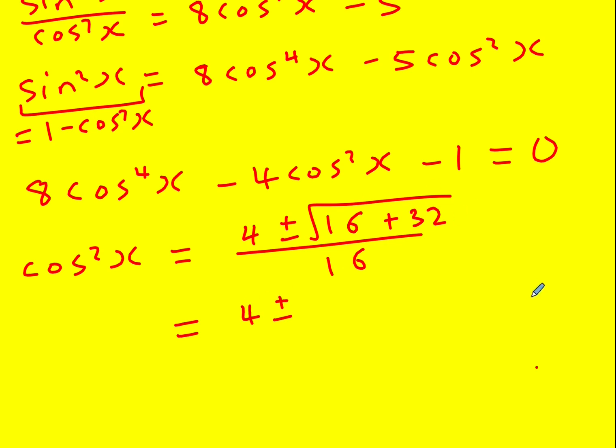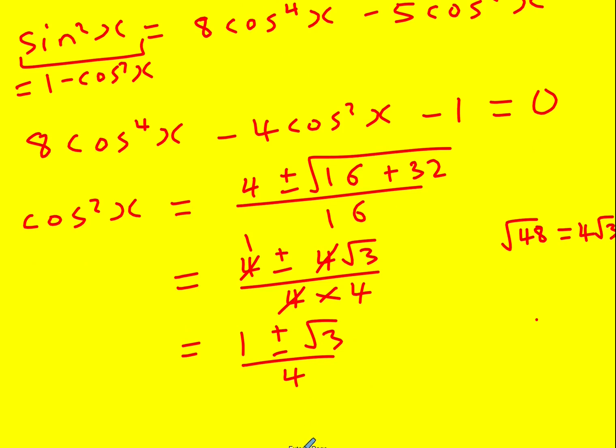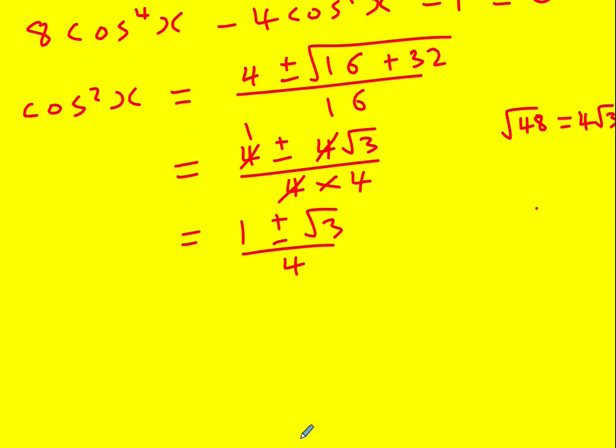This here is root 48, which is actually going to be 16 times 3 in here, so this will be 4 root 3. And if I write it like this, I can cancel out the 4's. So that 4 will cancel out with this one and this one. So I'll get 1 plus or minus root 3 over 4. And I'm going to reject the negative because it's cos squared.